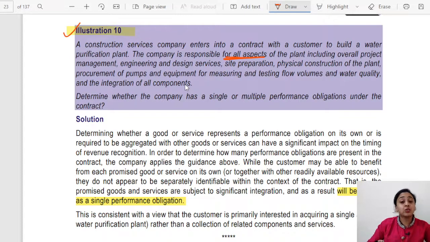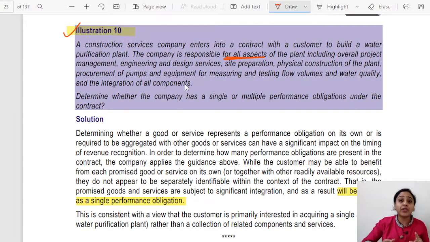At the end, you are not supplying a particular design, you are not supplying your engineering services separately, you are not supplying particular testing or measuring services separately. Instead, you are preparing a whole project, and your performance obligation is to prepare and finally hand over, or transfer, this whole project as one to the customer.